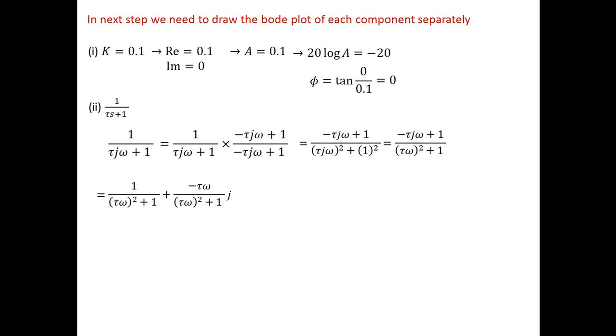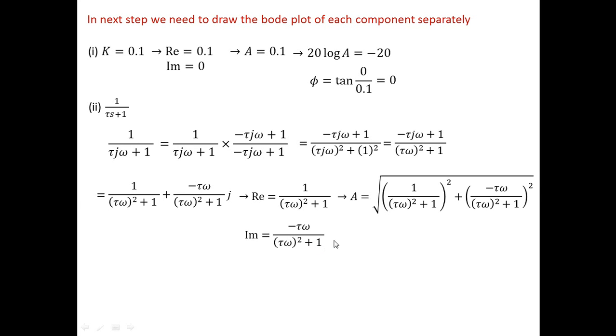If we look at this transfer function, the real part is 1 over tau squared omega squared plus 1, and the imaginary part is equal to minus tau omega over tau squared omega squared plus 1, times j.